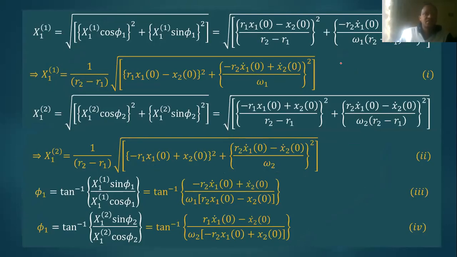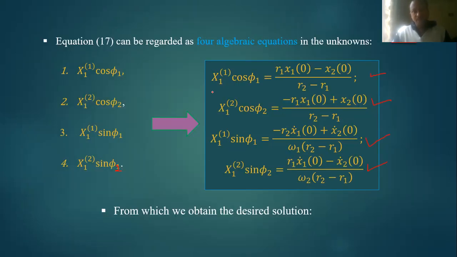So the next step is just finding x1 of 1, because this square plus this square gives us x1. Why?